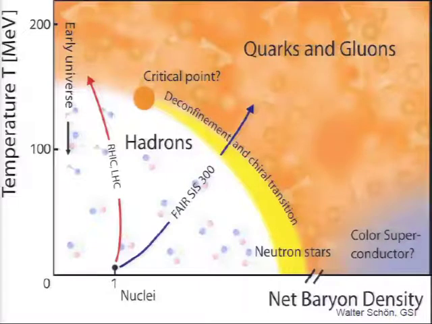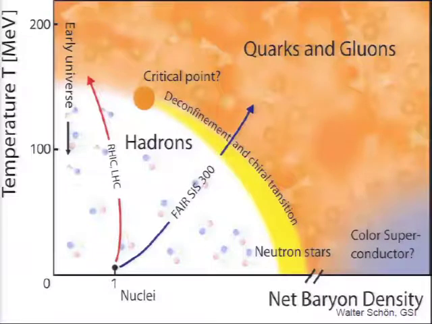LHC is in a region located in a landscape of temperature and net baryon density, a little bit in the corner of the Big Bang, so quite hot and normal baryon density. The new FAIR accelerator will penetrate deeper into this region, which is indicated with deconfinement and chiral transition.